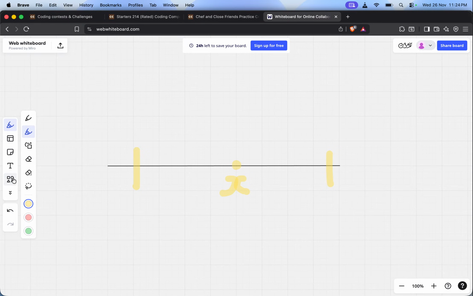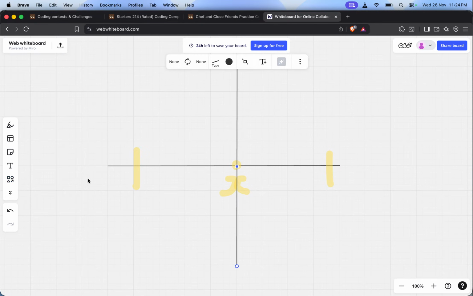So for ease, let's consider that x is our origin now. x minus y and x plus y are symmetric now. So the condition that holds for the right part will hold the same for the left part. So let's see what the condition is for the right part only.